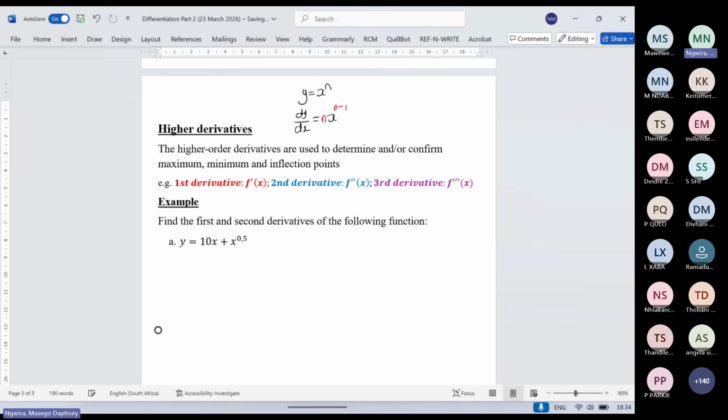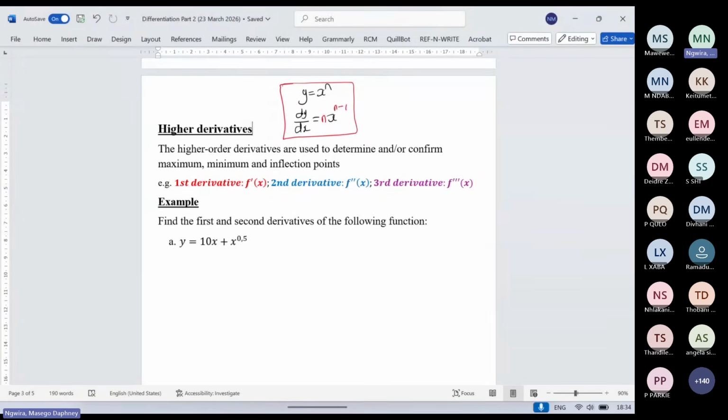This is just the rule of differentiation. When you derive using the power rule, that's what we always use to derive. This is the basic step. You say the exponent, then x, then n to the power of that exponent minus 1. Every time you minus the 1.